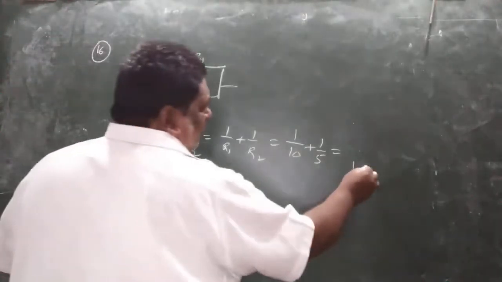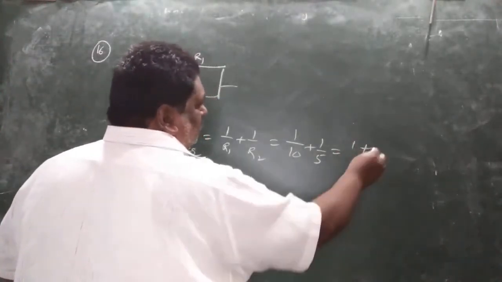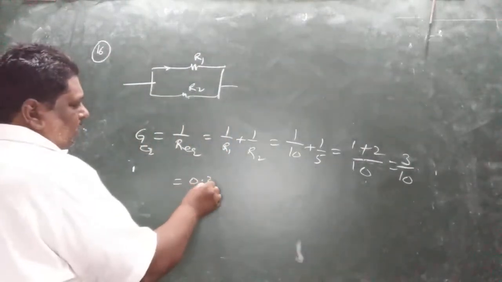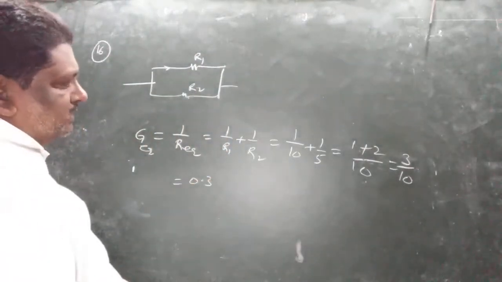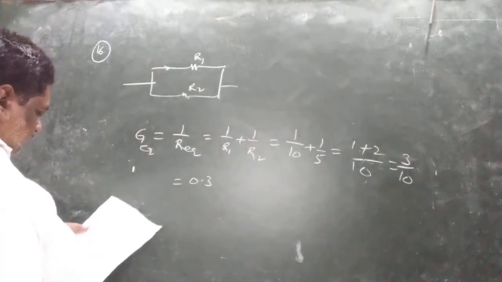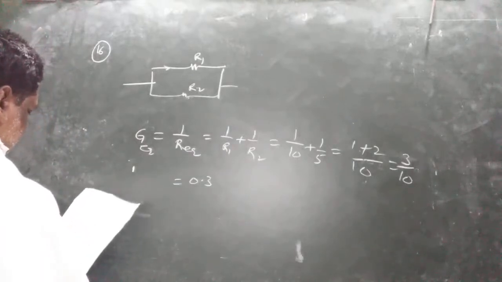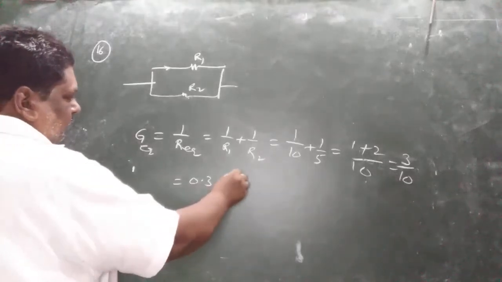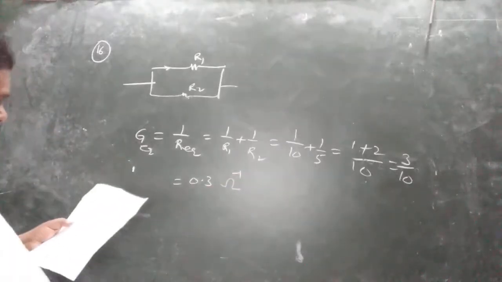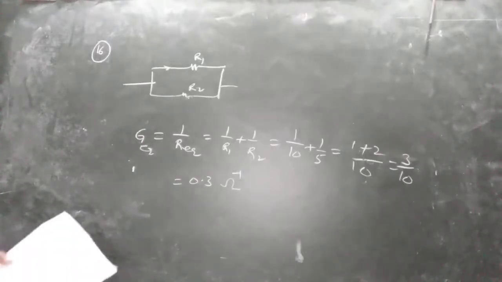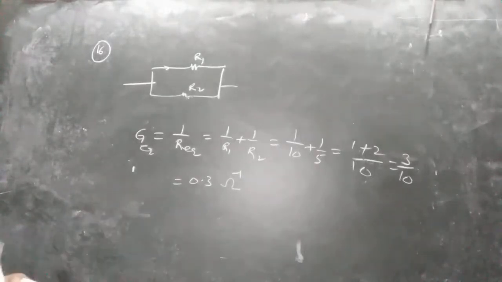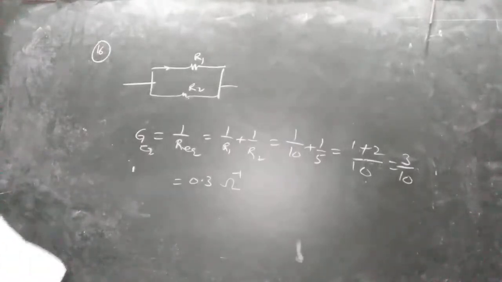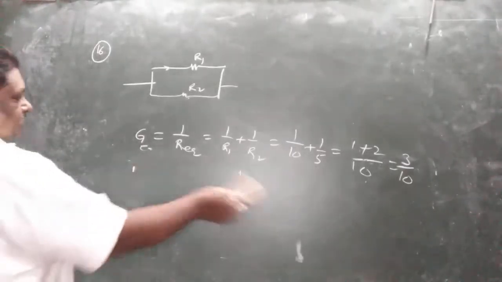What is the LCM? 10. 1 plus 2 is 3 by 10, that is 0.3 ohm inverse or Siemens. Ohm inverse, this is the conductance. Next question, 17th.